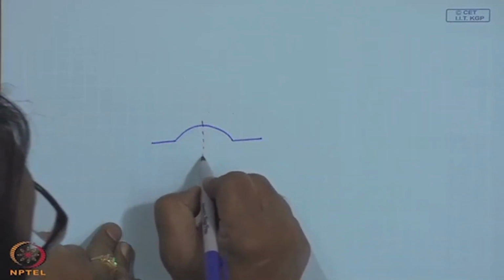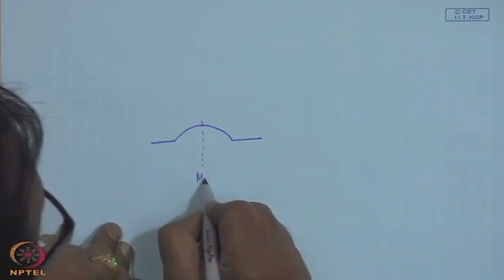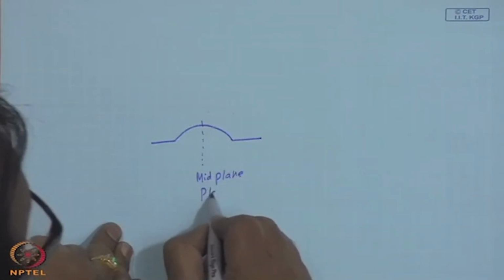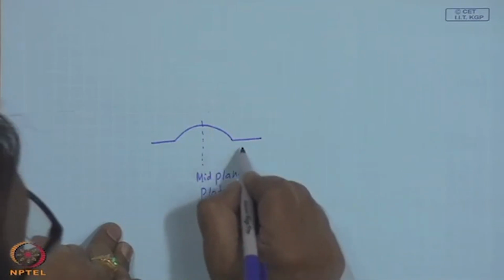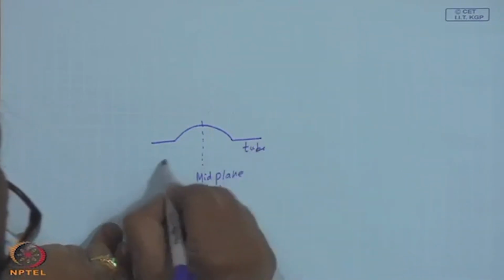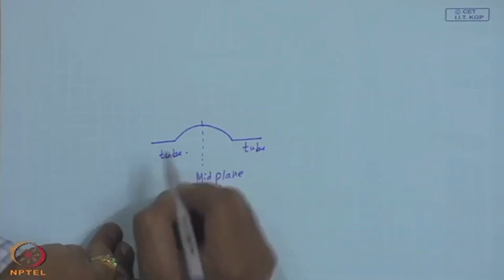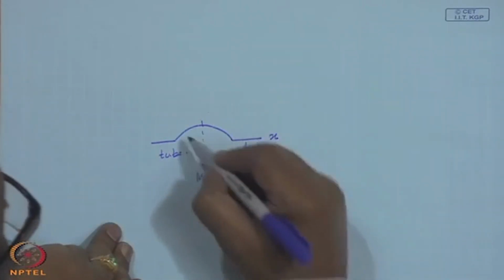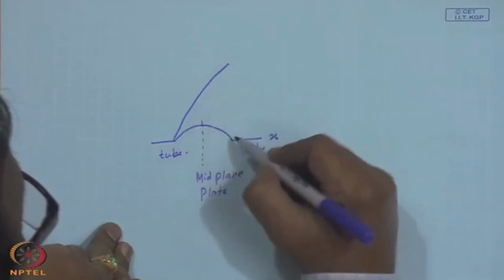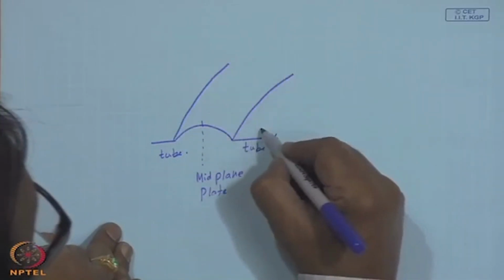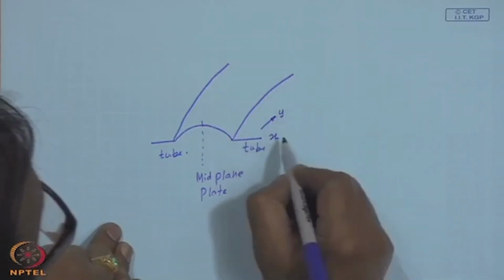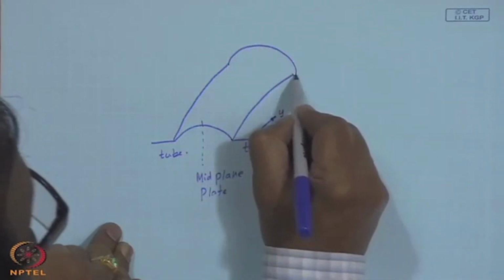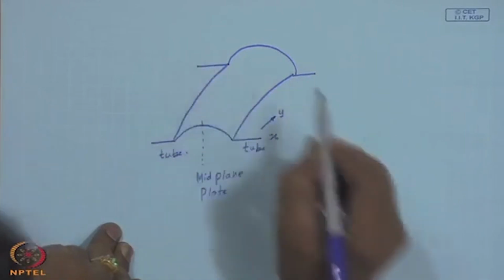This will be the middle of the mid plane of the plate, and this is the tube region, and this is at any given x, and this keeps on increasing as you go in the direction of y, and I will have again a picture something like this.